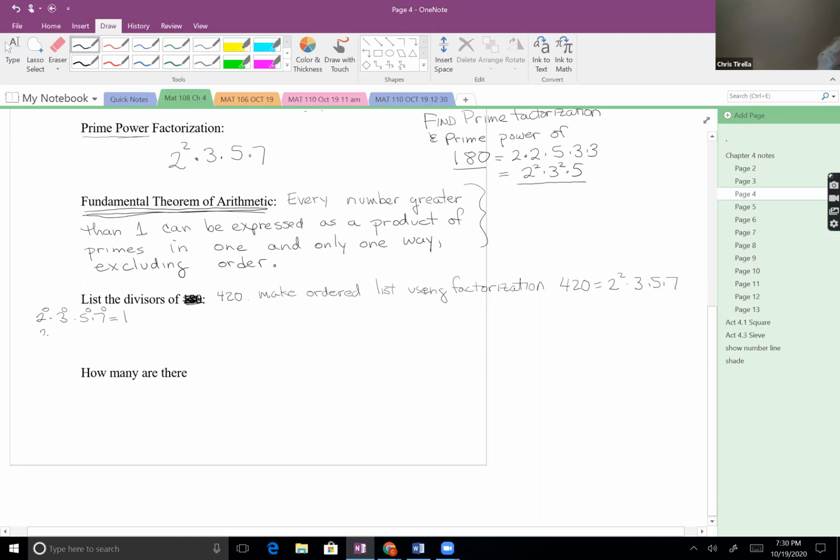Then I could look at 2 to the first times 3 to the 0 times 5 to the 0 times 7 to the 0, which would give me 2. Then 2 to the second times 3 to the 0 times 5 to the 0 times 7 to the 0, which would give me 4.